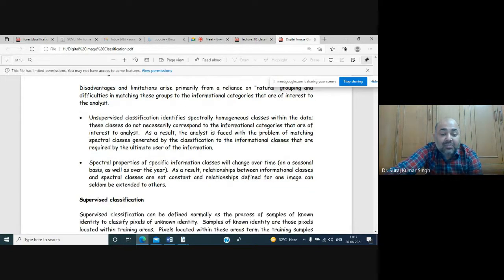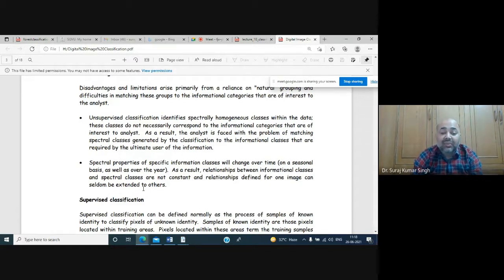Secondly, spectral properties of specific information classes will change over time, maybe over a season or over a year. As a result, the relationship between information classes and spectral classes is not constant, and a relationship defined for one image cannot seldom be extended to another. So what it is saying is that maybe there is a change in the season, or a change in the year of capturing the data.